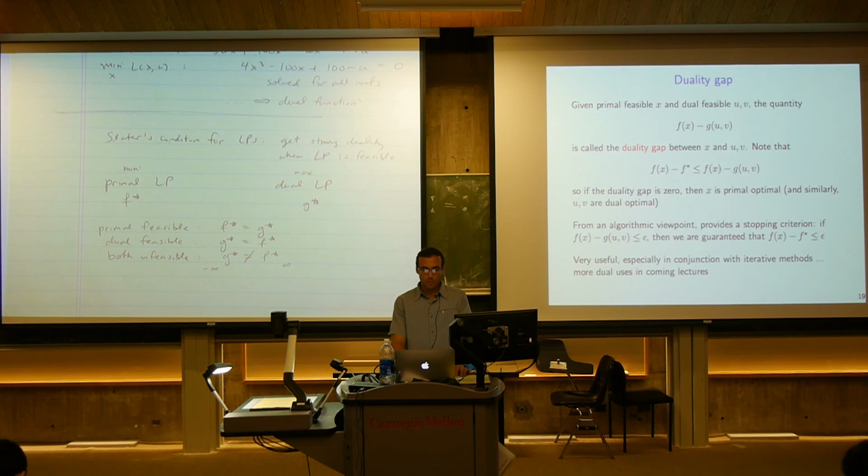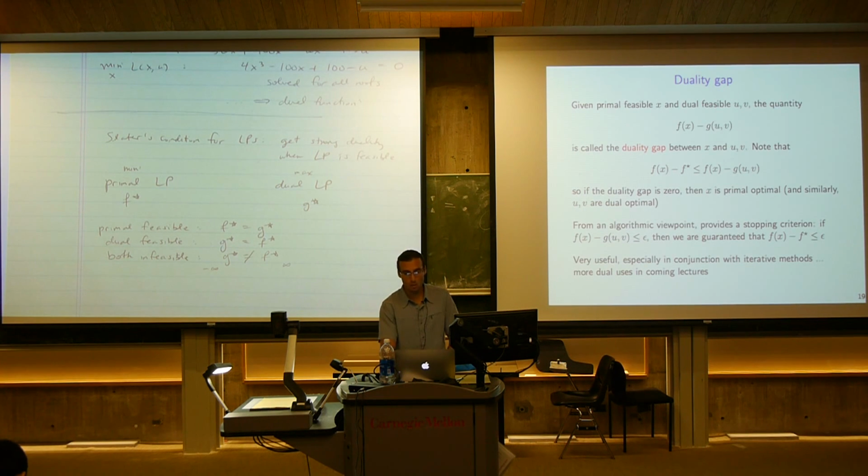That's very useful because suppose you're running an iterative algorithm on the primal and the dual, and you want to ask how far am I from the optimal criterion value. Well, take the current value of the primal iterates and the current value of the dual iterates and subtract the difference in the primal and dual criterions. That tells you that you're no farther than that. Like if that's 0.001, then you're at most 0.001 suboptimal in the primal, right? f of x minus f star is at most 0.001.